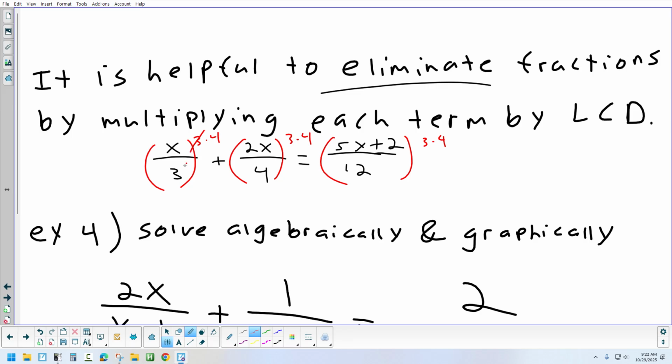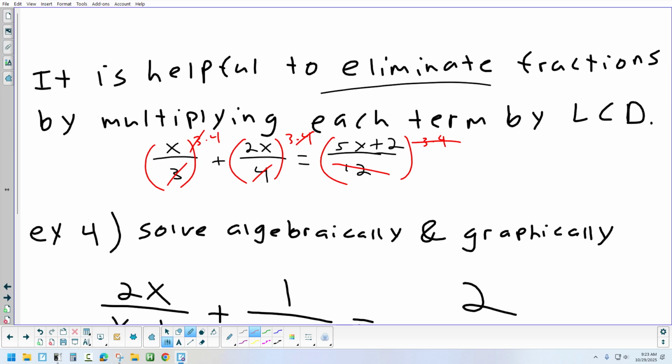So the 3's are going to cancel. What about in the second fraction? What's going to cancel out there? The 4's. And how about somebody else in the last fraction? What cancels there? Yep. The 12 and the 3 times 4.